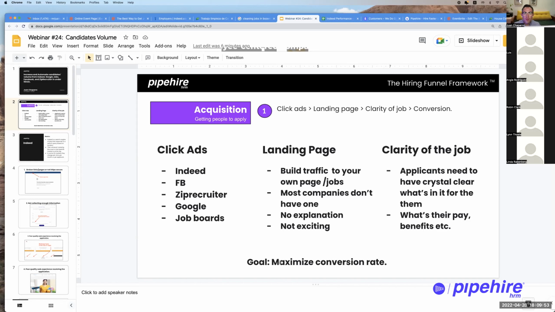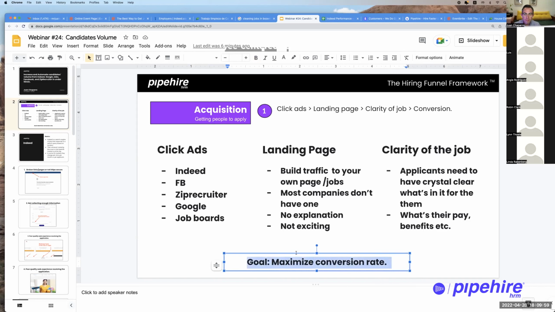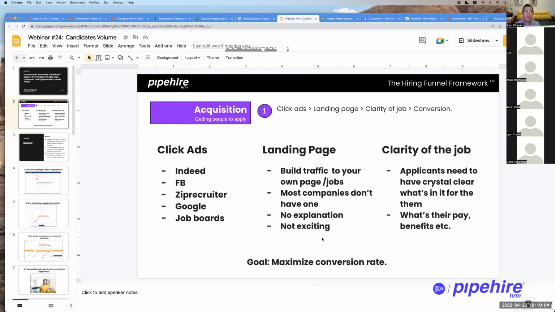So people who look at it and click apply on your website, that is the goal. Just like you spend money building a great landing page for your customers, you need to spend the money to build one for your employees, or for the people that you're trying to hire. If you don't have that, you're missing a big opportunity.